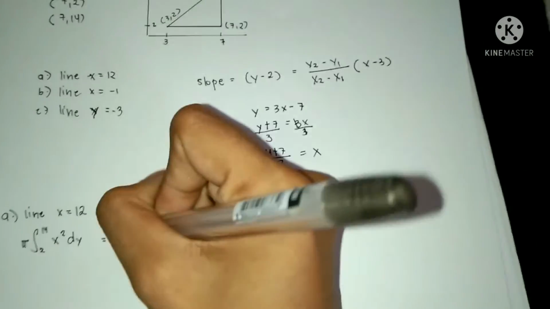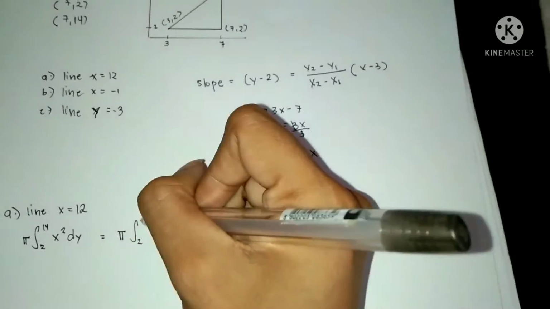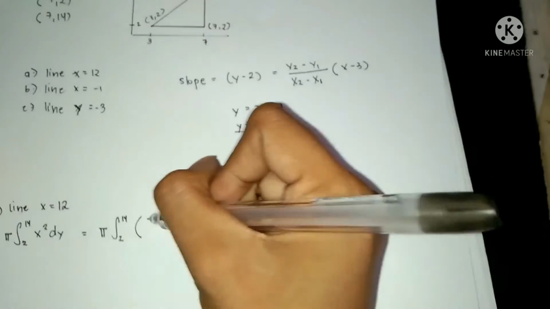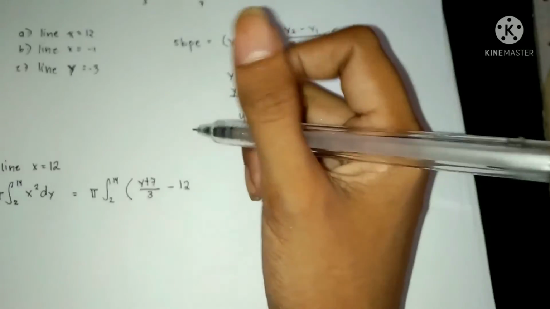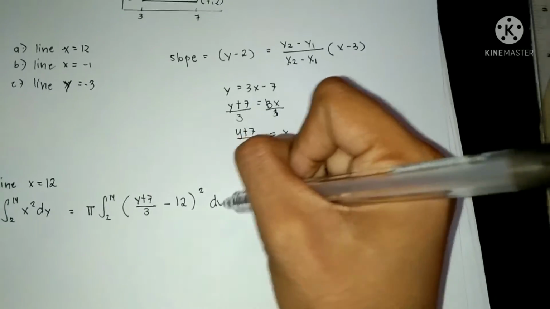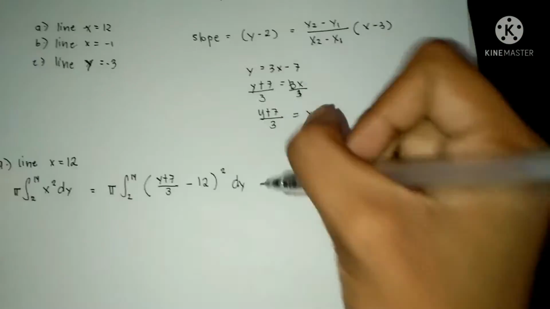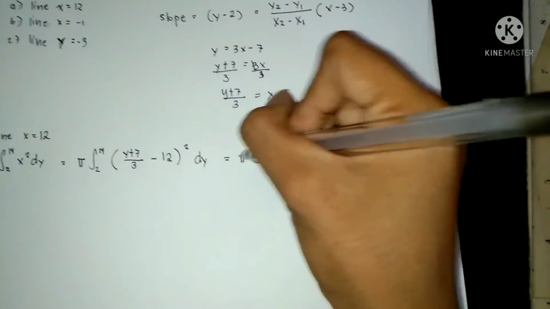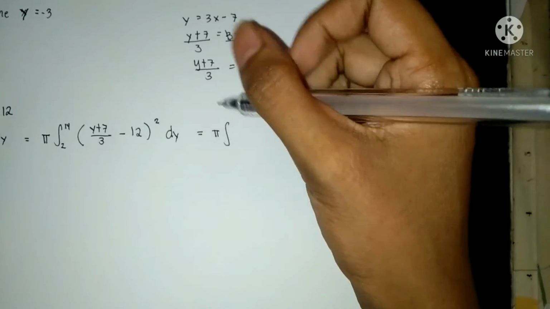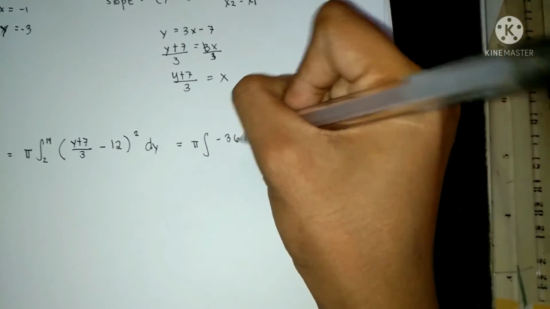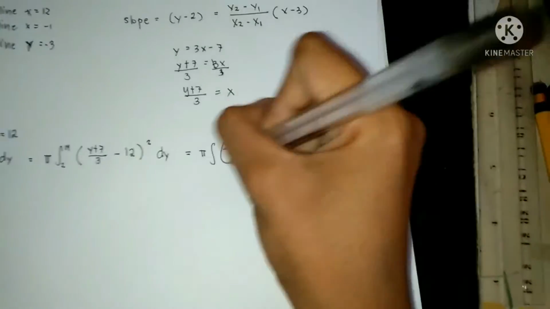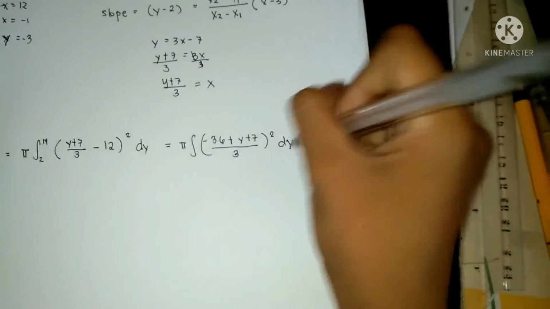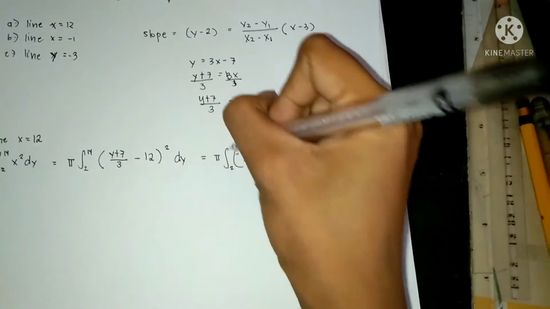So it is equal to pi, the integral from 2 to 14 of y plus 7 over 3, which is this, then this minus 12 squared dy. This is equal to pi, the integral of negative 36 plus y plus 7 over 3, squared dy, from 2 to 14.